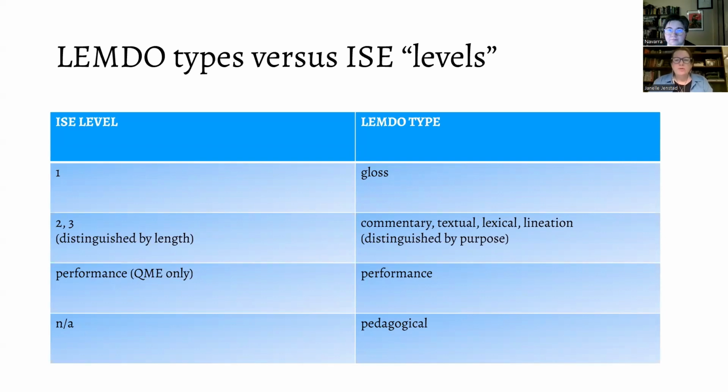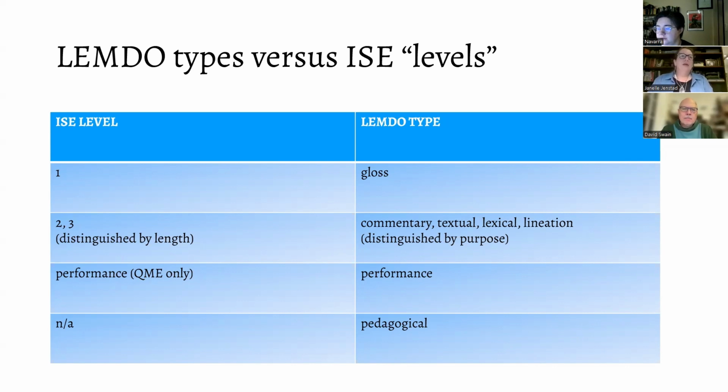So one person on this call, David Swain, is used to the old ISE system, and other people who might be watching the video later will also be wondering how the LEMDO annotation types correlate with the ISE levels. So here's a table that just sets out how they relate to each other. For the ISE, there were levels 1, 2, 3.